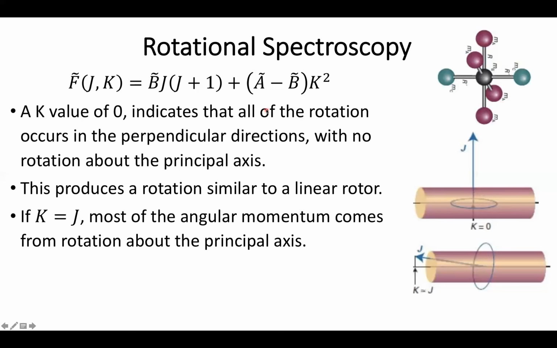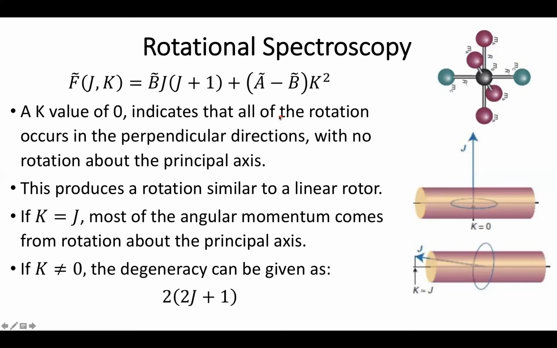And in truth, what we have is some extent in between. We can also see this because when K equals J, I will have subtracted out most of the influence of this first term, but not all of it, because this isn't just J squared, it's J times J plus 1. So I'll always leave a term of J remaining. There will always be a little bit that won't be canceled out.